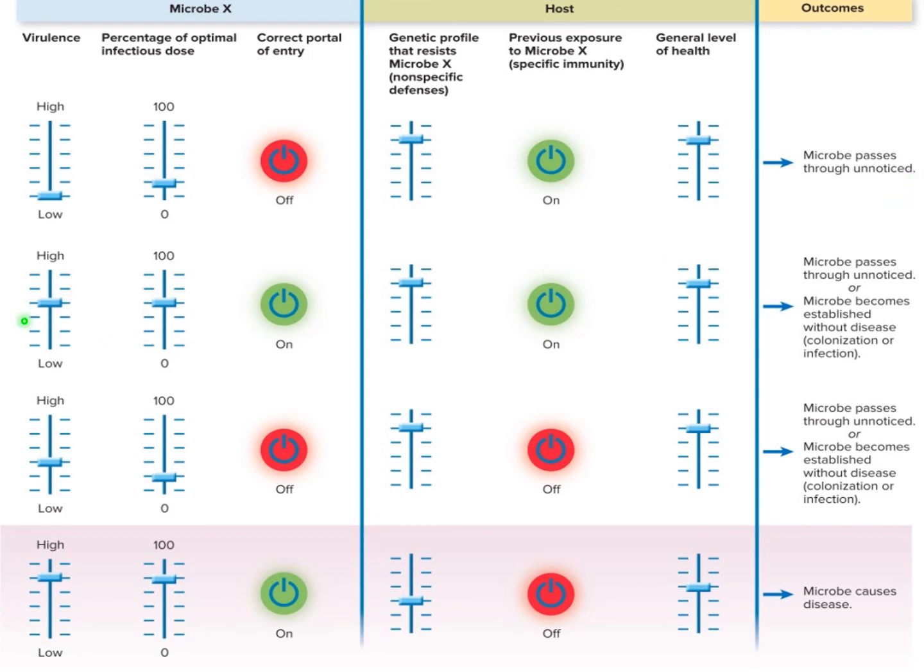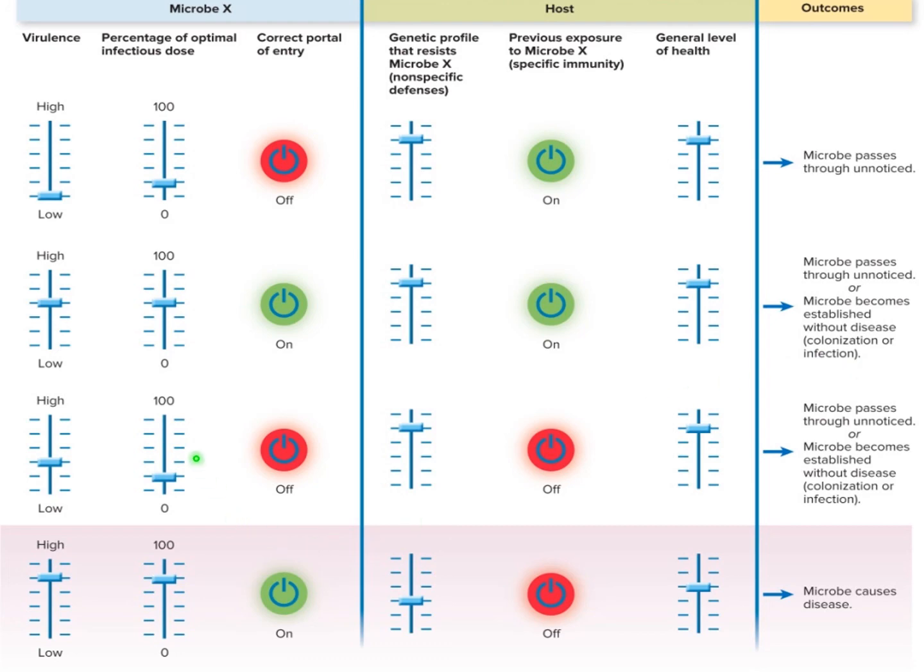However, if virulence and dosage go up and there is a portal and the immune system of the patient is good, the microbe may pass through unnoticed, or it could become established without causing disease. It could colonize but not necessarily cause infection.